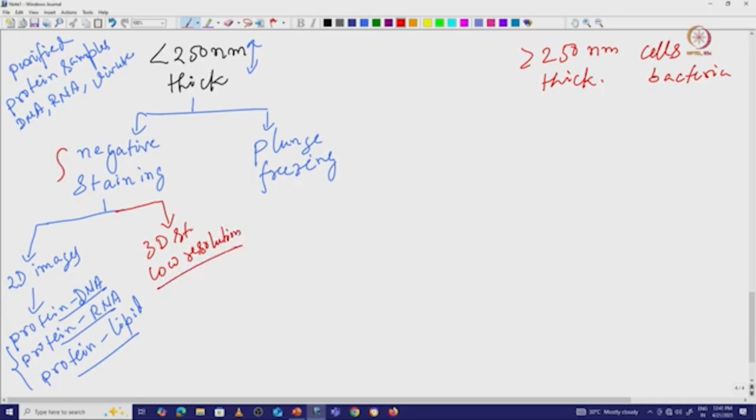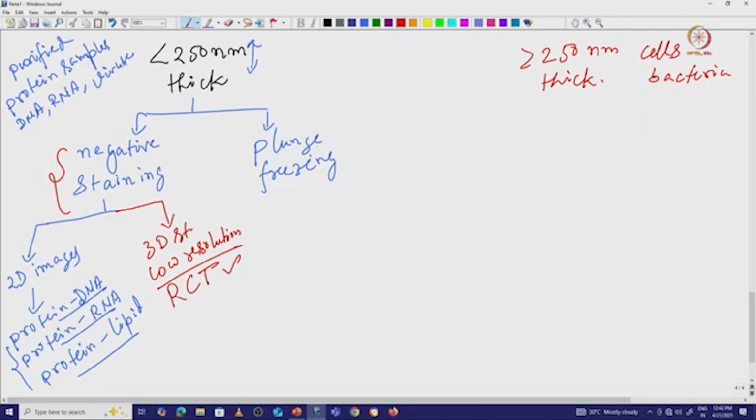Why negative staining always gives low resolution, we can discuss at a later stage, but most of the time we use the random conical tilt experiment or orthogonal conical tilt experiment. The random conical tilt experiment was very popular from 2000 to 2015, before we got the direct electron detector. So, we used random conical tilt to get a low resolution structure, just a volume.